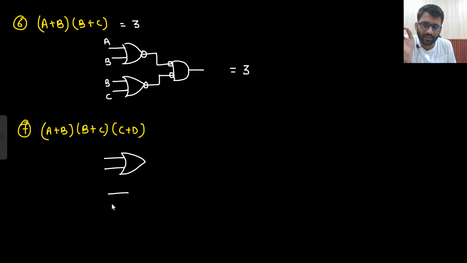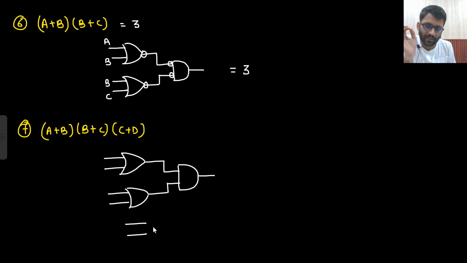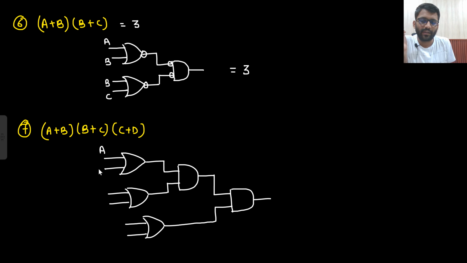A plus B into B plus C, and then C plus D. There you go. A, B, B, C and C, D.